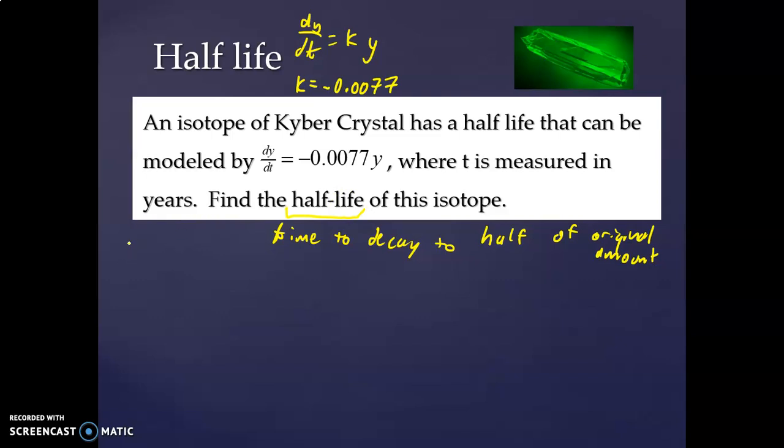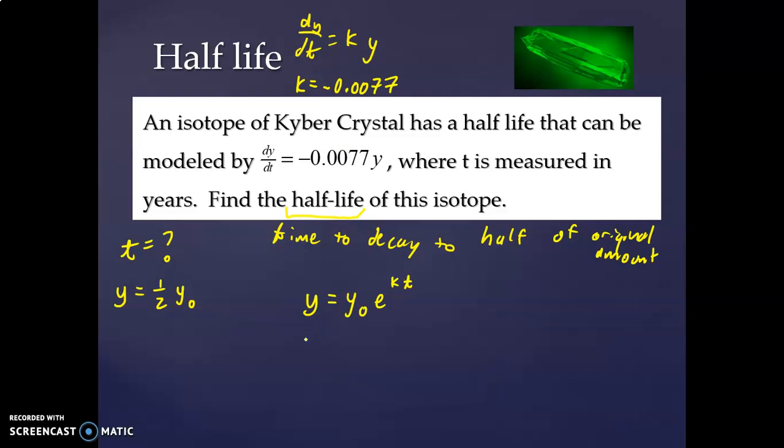So we want to know, t is what when y is equal to 1/2 of y naught. That's what we're trying to solve. Now, I recognize that this is an exponential growth problem, so I can just start with the formula for exponential growth: y equals y naught e to the kt.